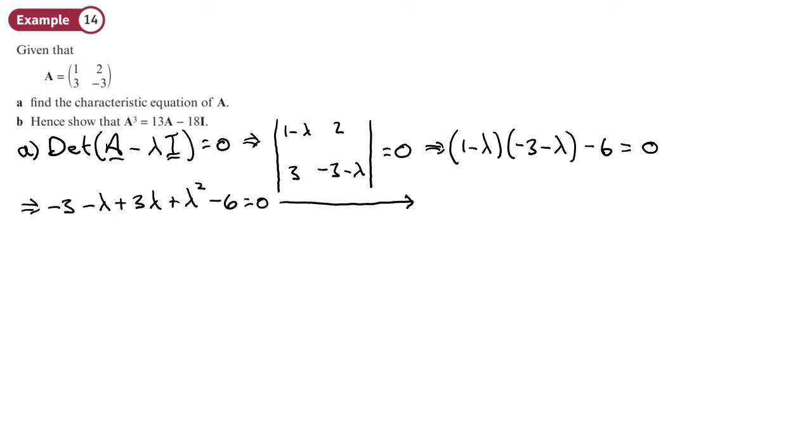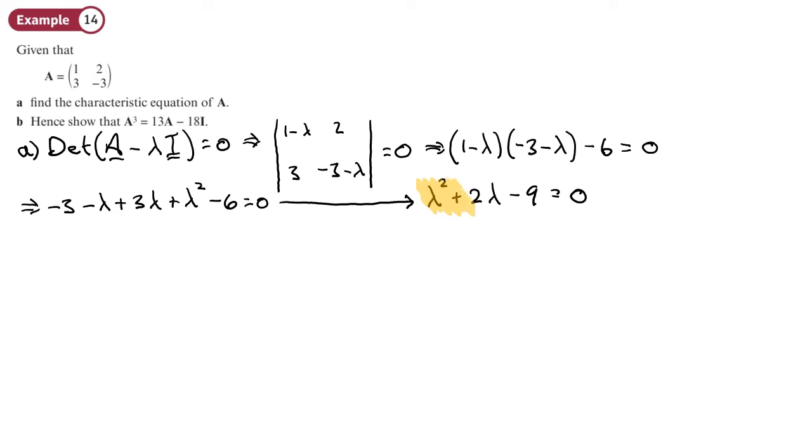So that will simplify to lambda squared plus 2 lambda minus 9 equals 0. So there's our characteristic equation.